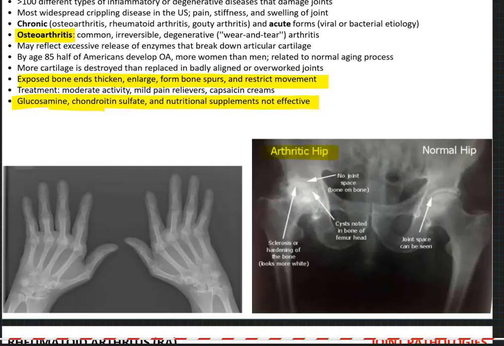I looked up studies of their effect on joint recovery, joint stability, or offset of arthritis. None. Period. So don't waste your money.